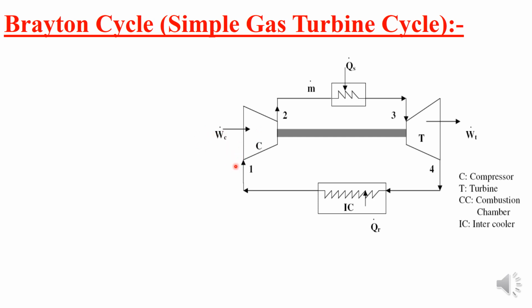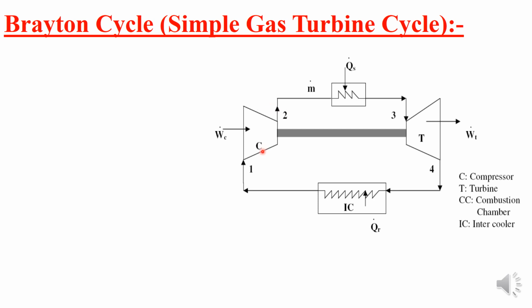Air is drawn at state 1 and it compresses at which process? It is isentropic process. So isentropic process, air is being compressed to the pressure P2 from P1. Initial pressure will be P1, exit pressure is P2, the desired pressure what you want.